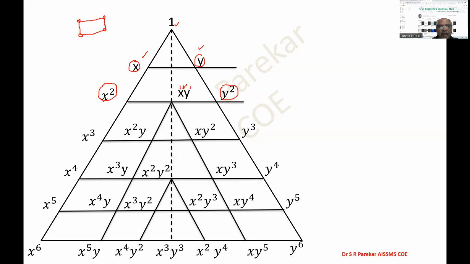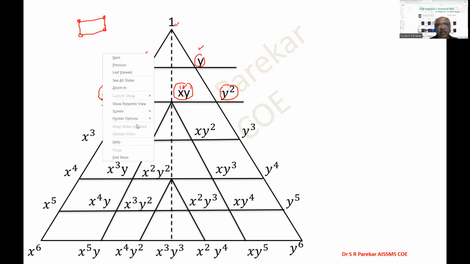If I consider x square, that will be from one axis only. When I consider xy, that will satisfy my geometric isotropy, considering both axes over here. x we have from the x axis, y we have from the y axis. So this will be my 4th term when I consider a 4-noded element.